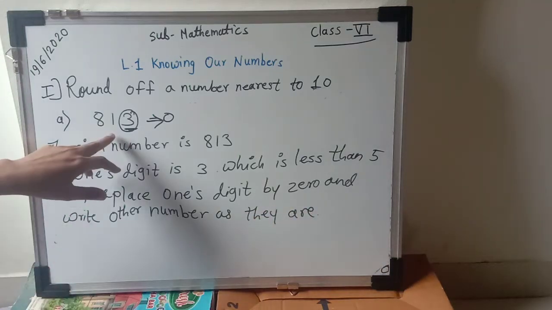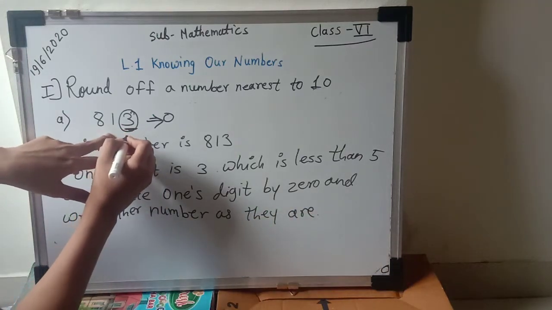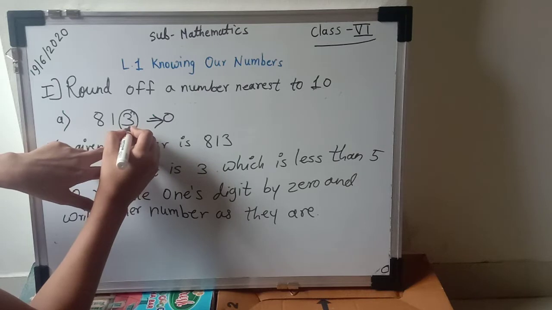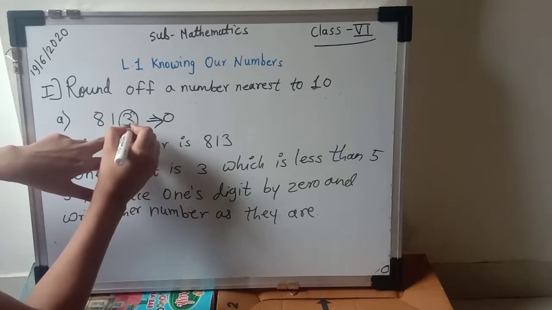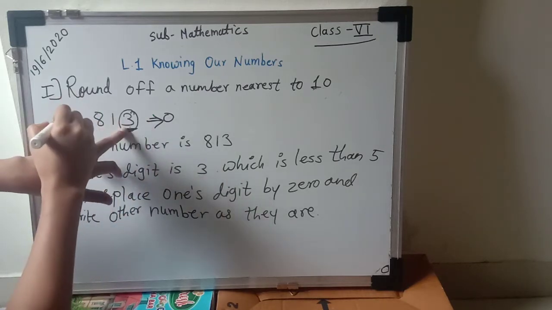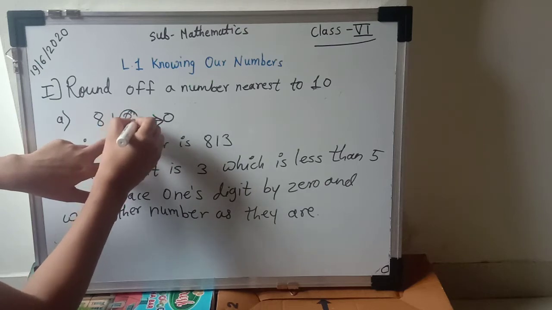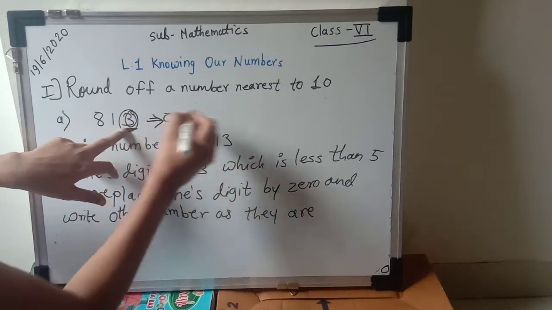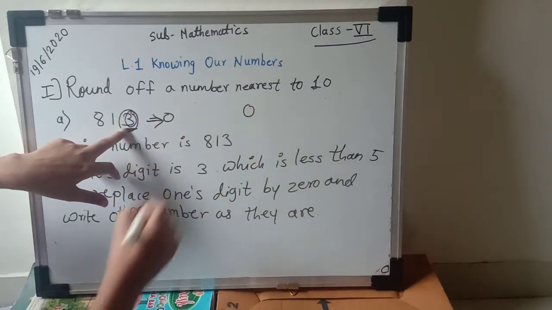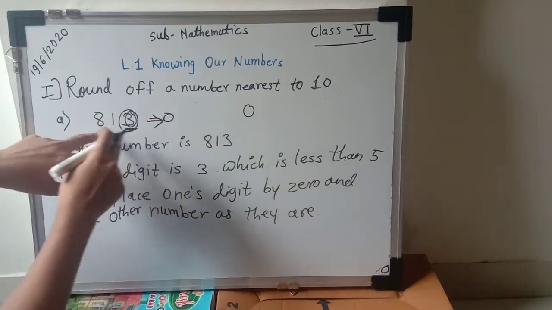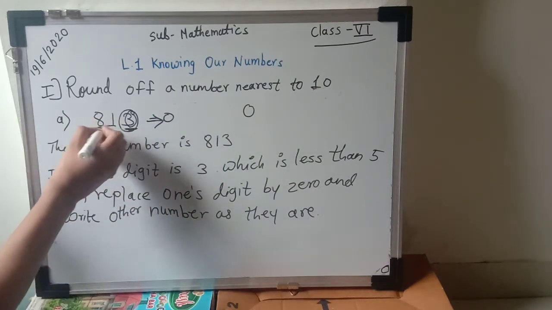So students, here what they have said is that 3 is there on the ones place and 3 is less than 5. So we have to remove this 3, and in the place of 3 which number do we write? 0, that we have written over here. Now write the other numbers as they are.